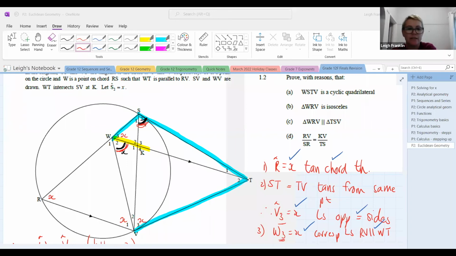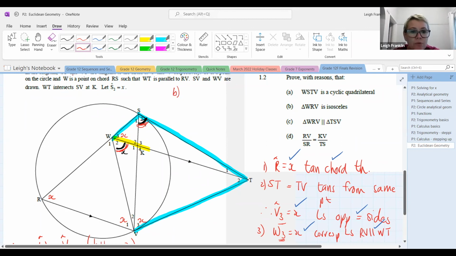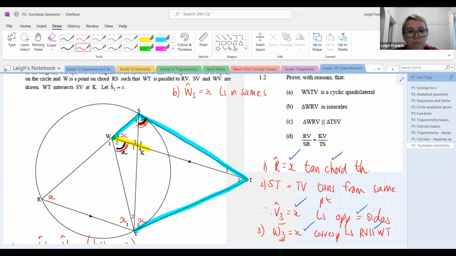Okay, so now let's get it down on paper. That's it, alternate angles. So the first thing that we needed to say in part B was that W2 equals X. That's where our story begins. Angles in the same segment. Then we needed to conclude that V1 equals X because of alternate angles. Remember we've got to name the parallel lines, so WT parallel to RV.